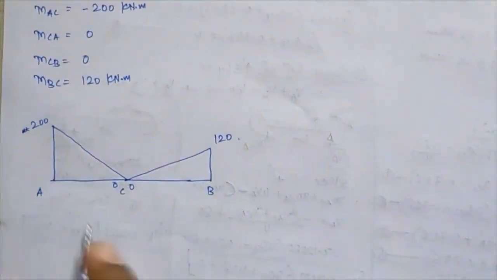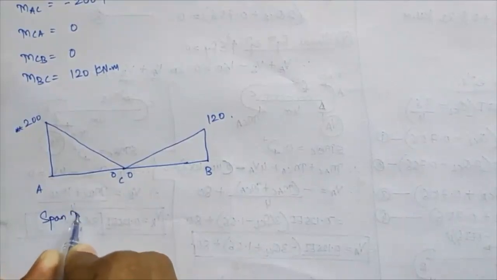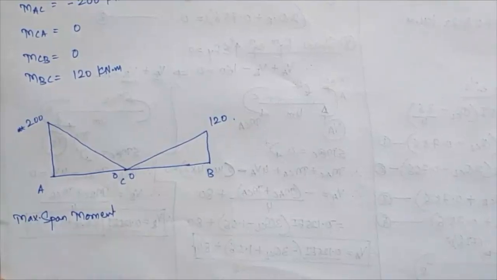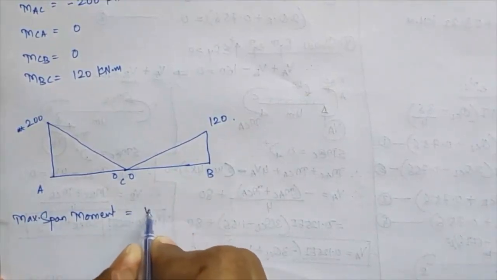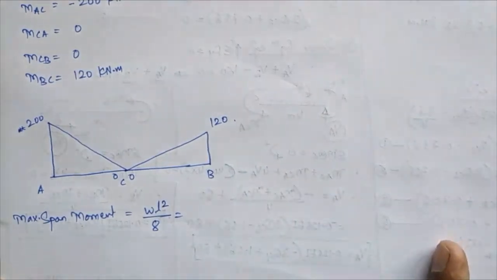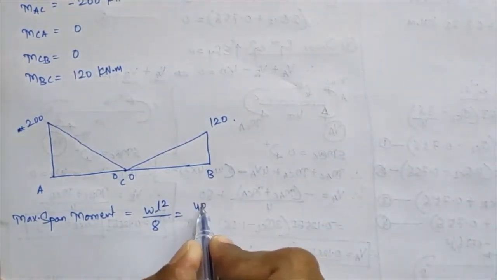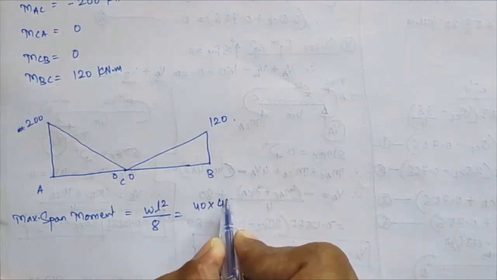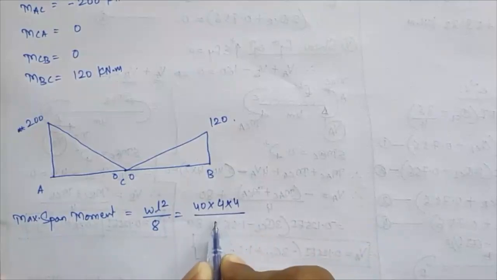over there. Okay, now in member AC you are having span moment, so we will calculate the maximum span moment. Maximum span moment is WL square divided by 8, since UDL is given to you. W is given to you as 40, L is given to you as 4, so 40 into 4 into 4 divided by 8.